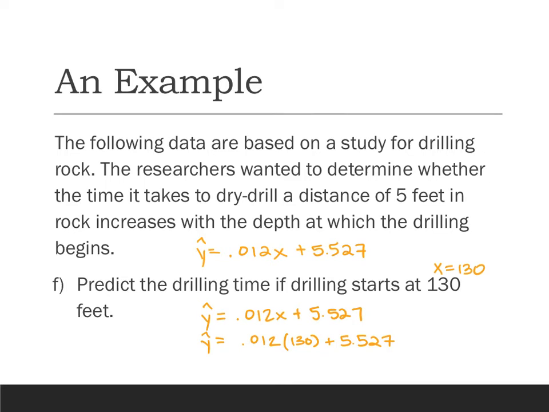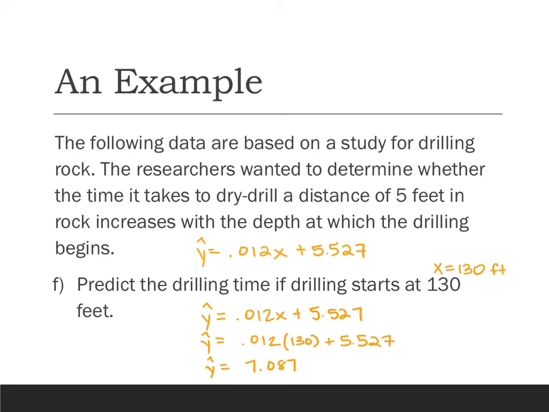So I'm just going to multiply by 130 because that's where I put my x in. So 0.012 times 130, and then I'm going to add 5.527. When I do that, I get a y hat of 7.087. Now, remember, this x value was in feet.